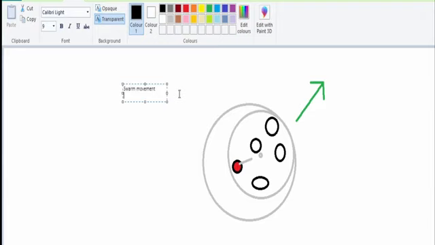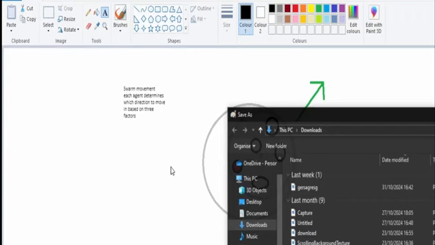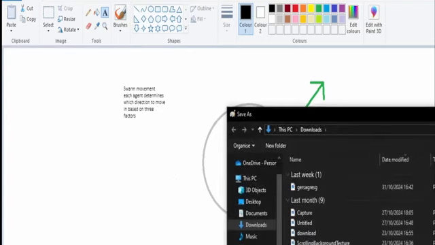Essentially, each agent determines which direction to move in based on 3 factors. And those factors are the ones I mentioned a minute ago: cohesion, separation, and alignment.